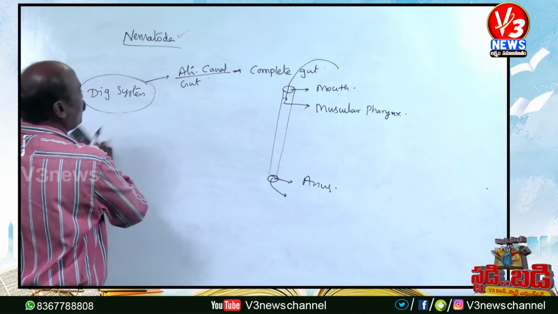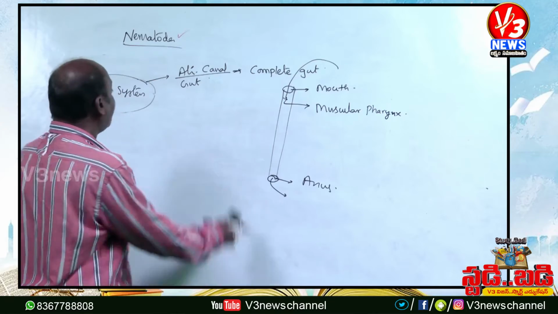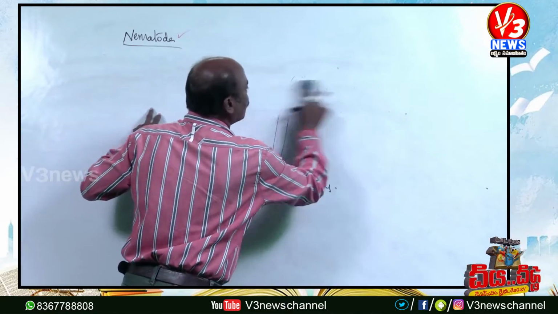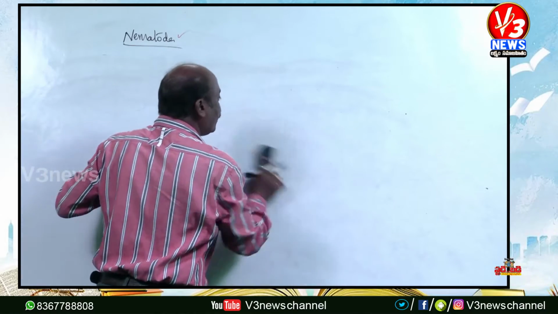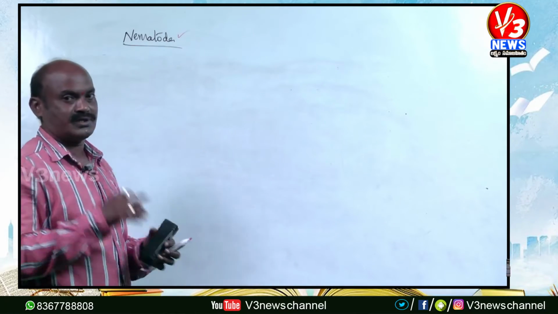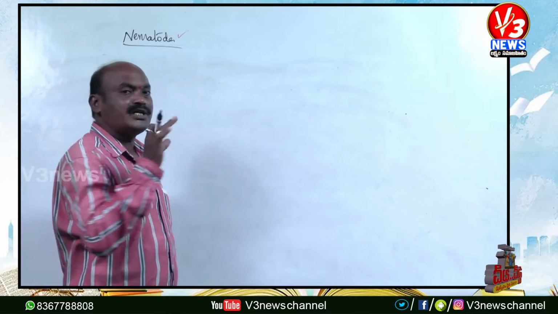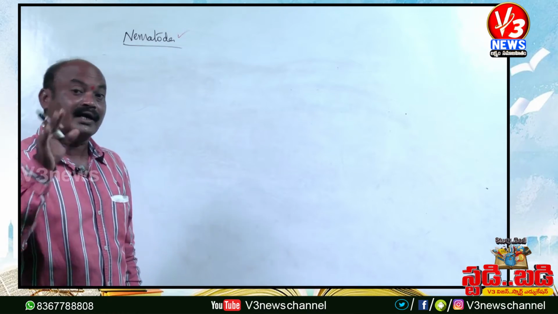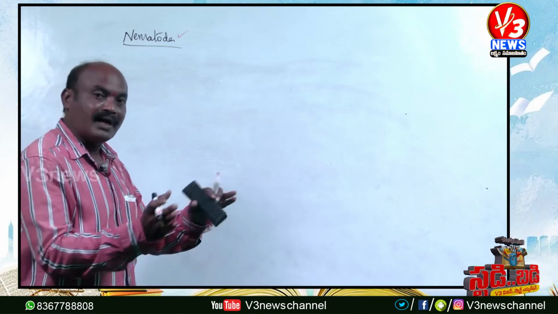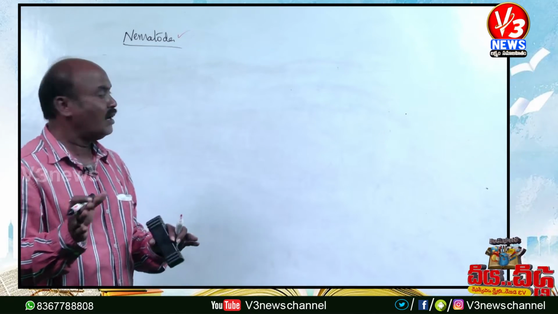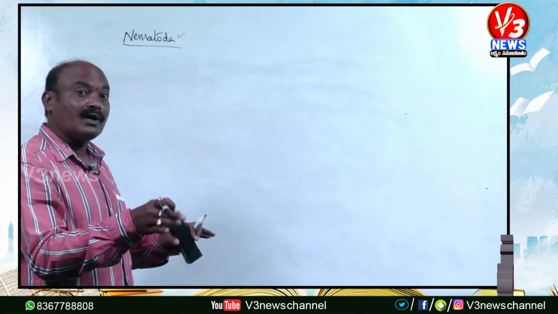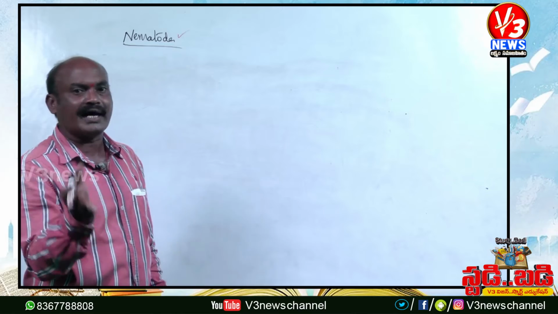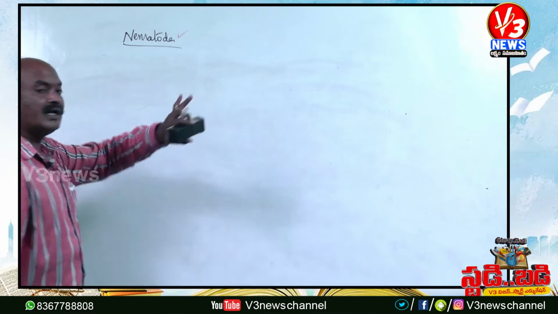Then coming to the nervous system. The nervous system, somewhat when compared with flatworms, has more pronounced cephalization, but not greater than the annelids. When compared with the flatworms, moderately developed cephalization was seen in flatworms, then somewhat advanced cephalization in nematodes.